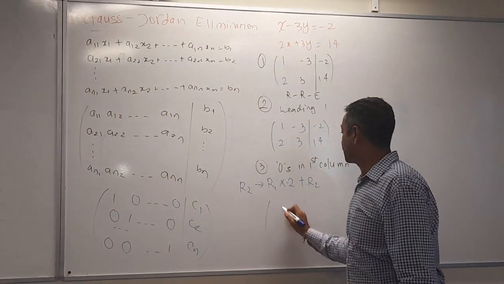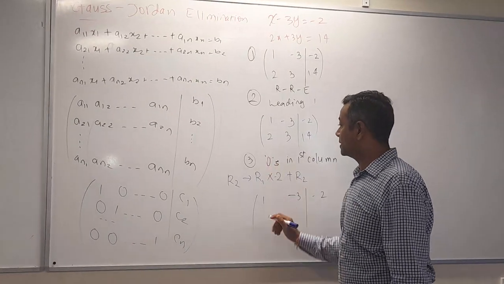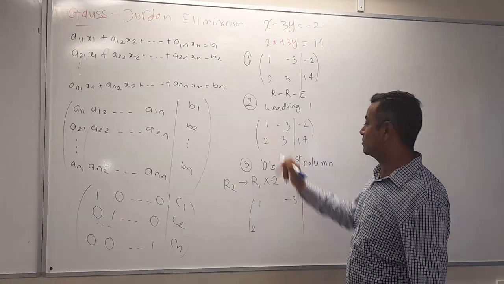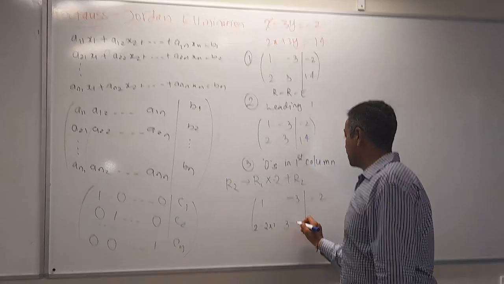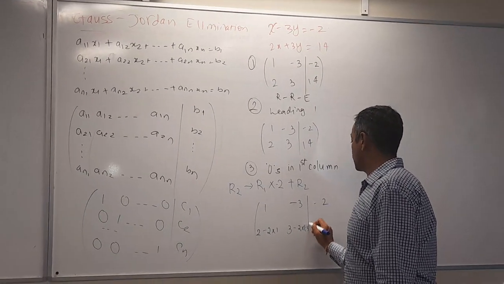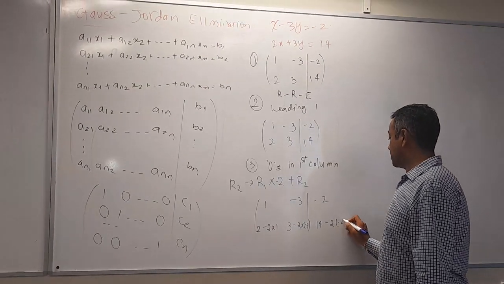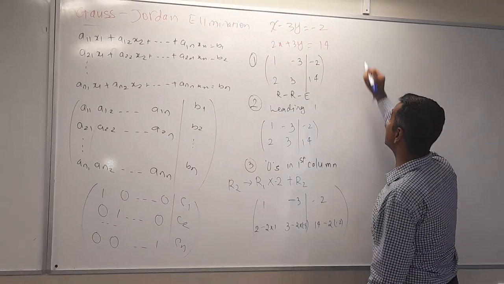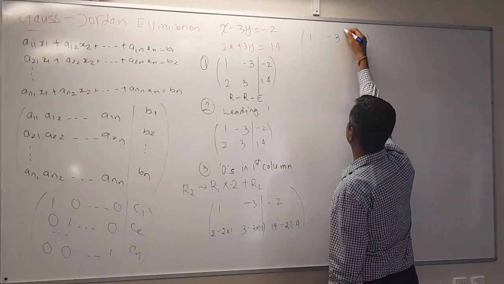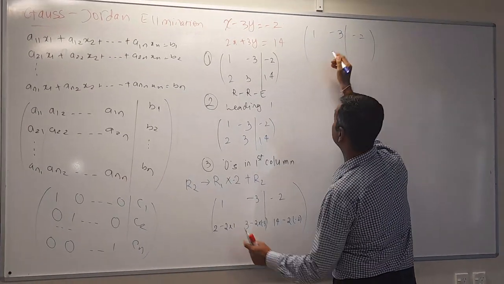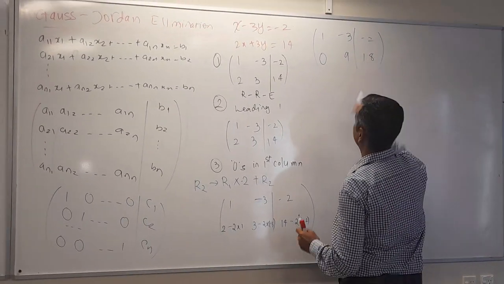It should look like this: 2 plus minus 2 times 1, 3 minus 2 times negative 3, and 14 minus 2 times minus 2. This is equivalent to, with no changes in the first row, 1, negative 3, negative 2. This has to be 0, that was the aim. This becomes 9 and it is 18.